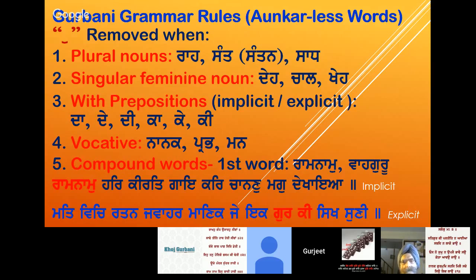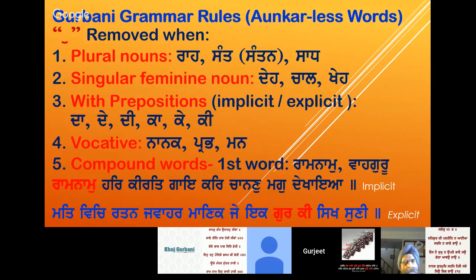Then with the prepositions, implicit or explicit, there is a case of explicit da, de, ki, ka. When this word is in front, then the onkar also is no more there. Then in case of vocative case, there are about 8 cases.